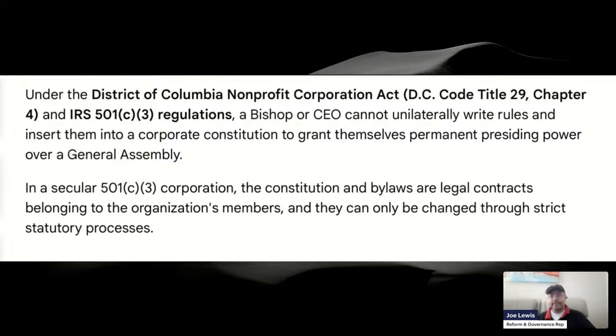In a secular 501c3 corporation, the Constitution, bylaws, are legal contracts belonging to the organization's members. Now, I was saying, when we look at the Constitution, people don't understand that that belongs to us. The problem in this organization is the people didn't write the Constitution.